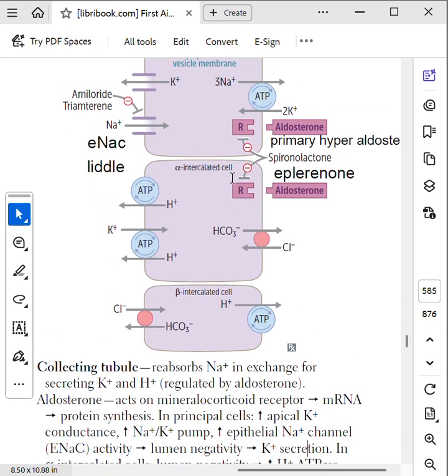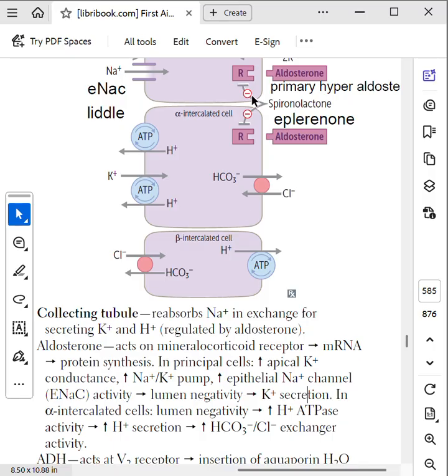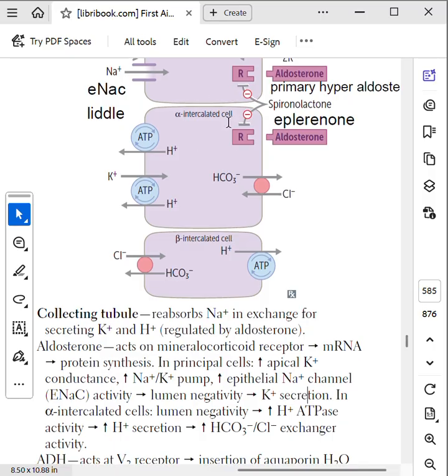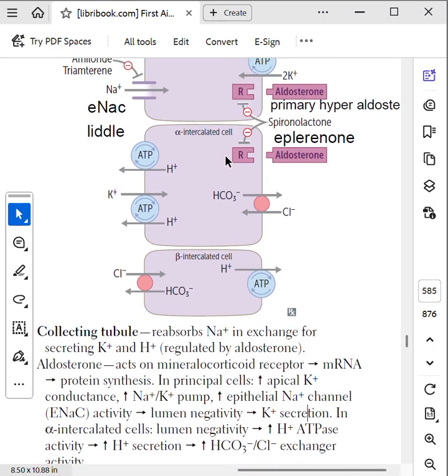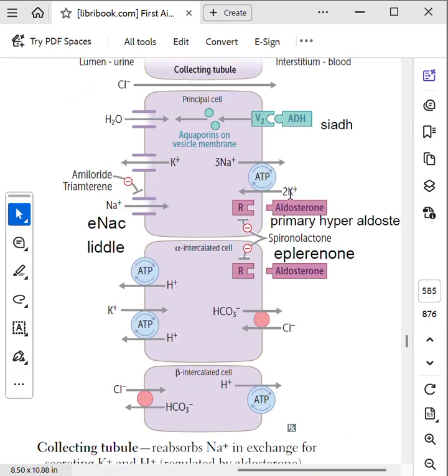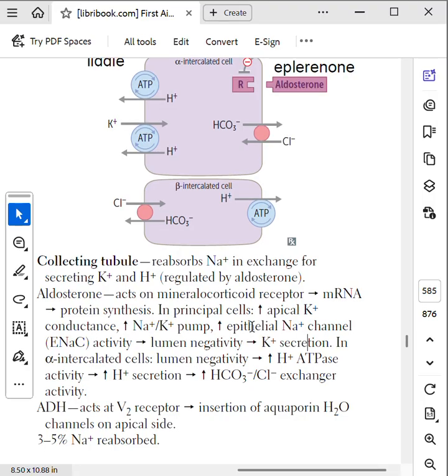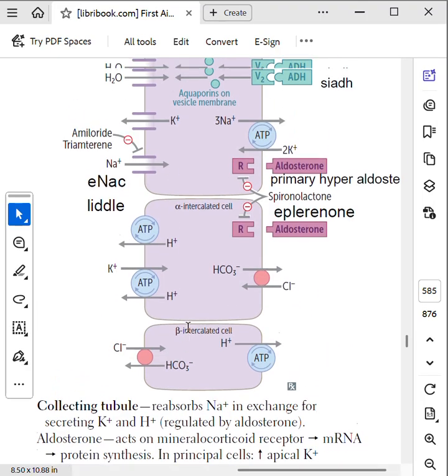Aldosterone acts on the mineralocorticoid receptors. So basically in the principal cells, it increases the apical potassium conductance. This is the apical potassium conductance here, and that increases the sodium potassium pump.